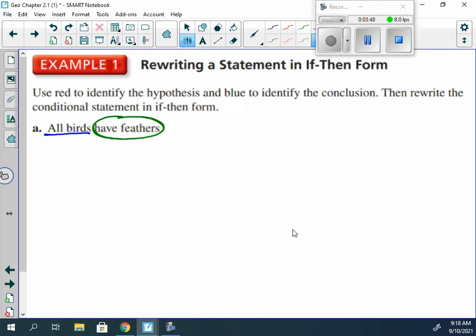Now, when we write it in if-then form, there are some statements we would have to change because we're not going to say if all birds. So if we're talking about something, we're going to say what? If what? It is a bird. Because we're setting it up. Because like I said earlier, if today is Friday, then tomorrow is Saturday.